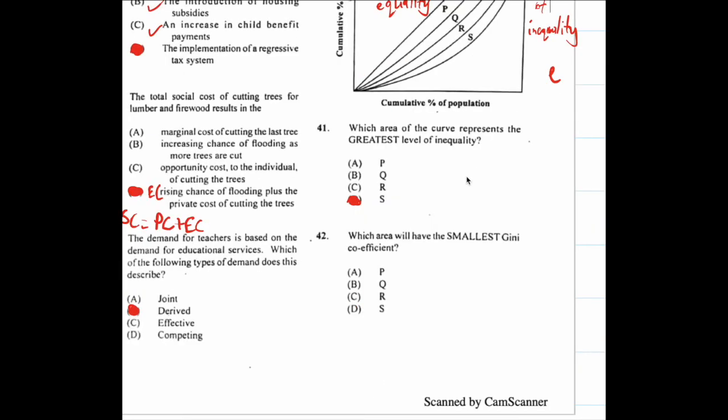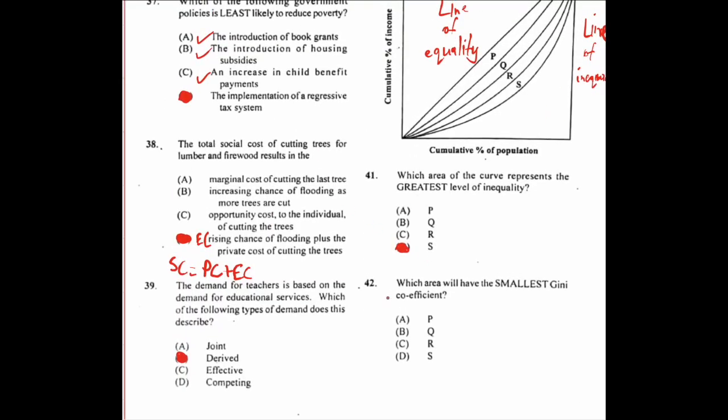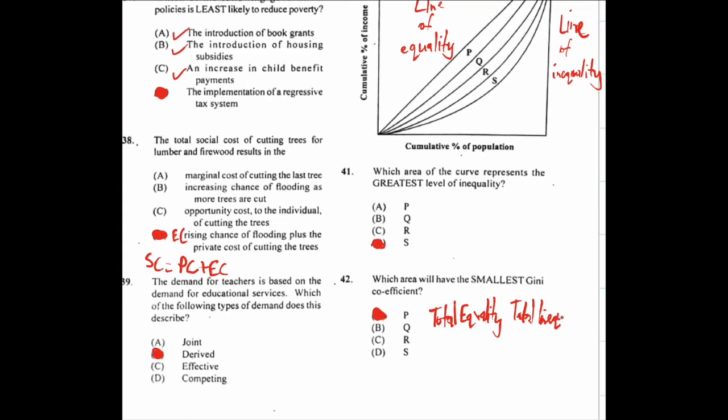Which area will have the smallest Gini coefficient? That would be A. Remember that the Gini coefficient works in a bit of a gradient where there's total equality and total inequality, and these operate as two extremes between 0 and 1.